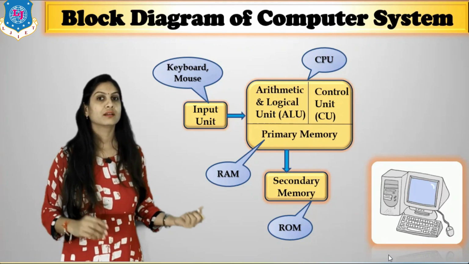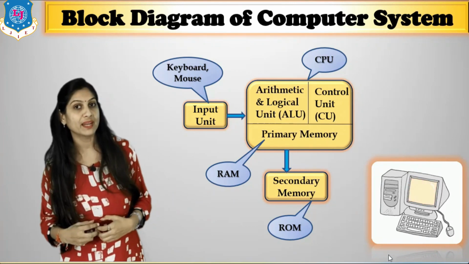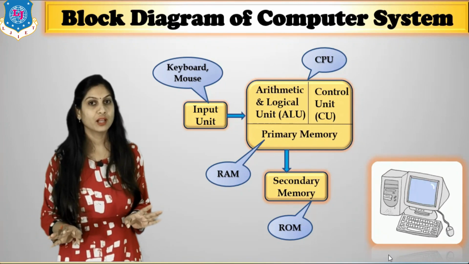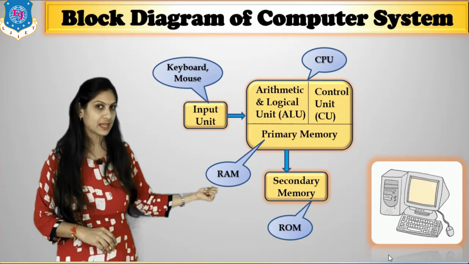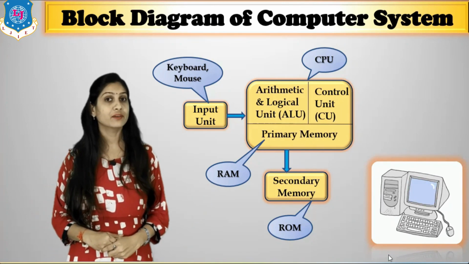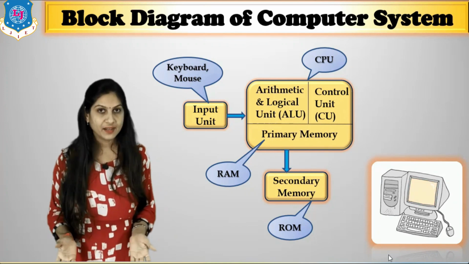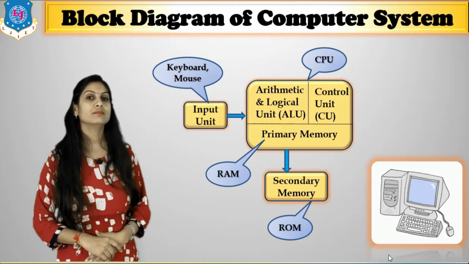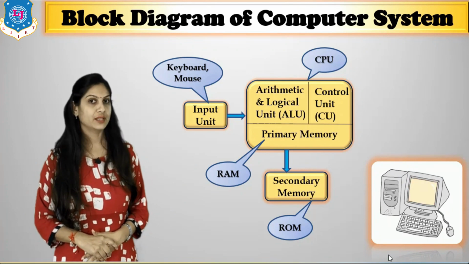Non-volatile means the data is stored permanently. When you save your data, it is never lost. That is secondary memory. Examples are ROM, read-only memory, or a hard disk, or a CD, or a DVD. So these are examples of secondary memory.